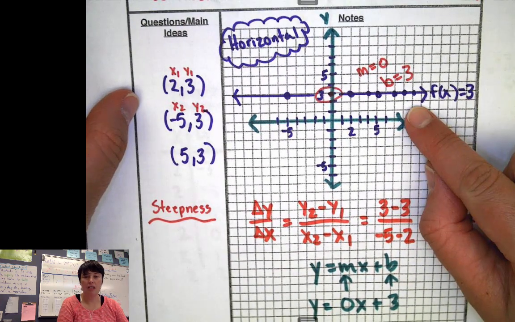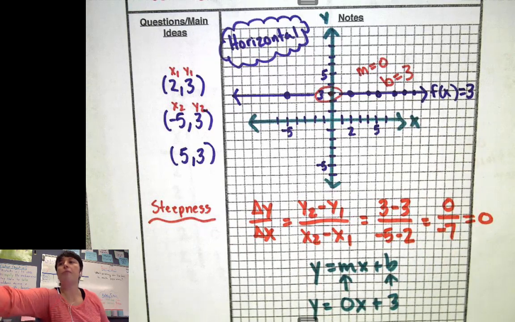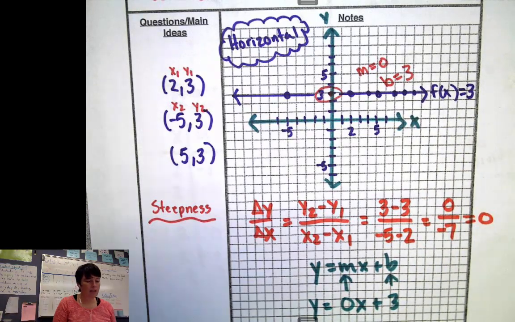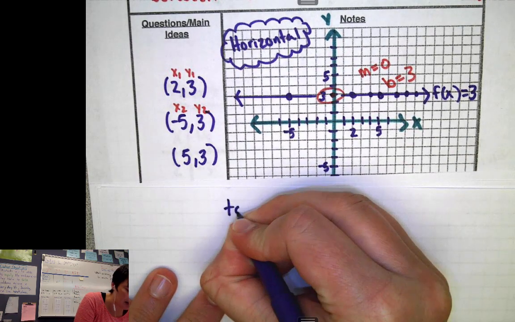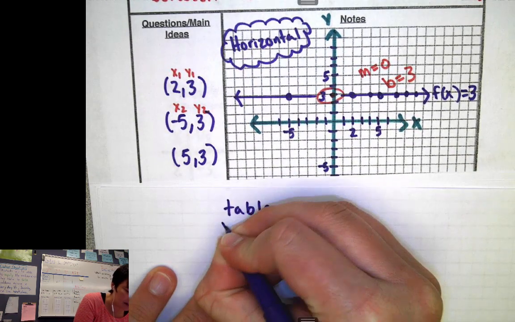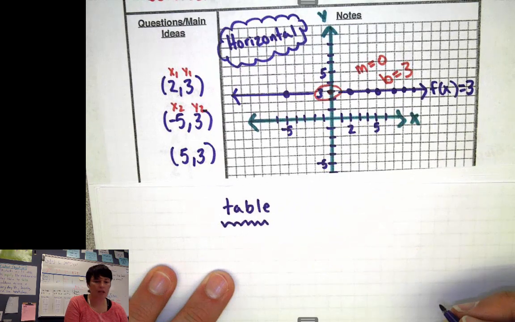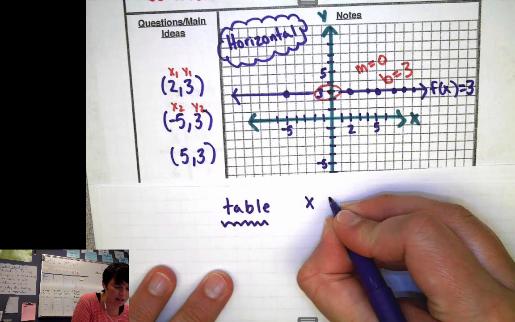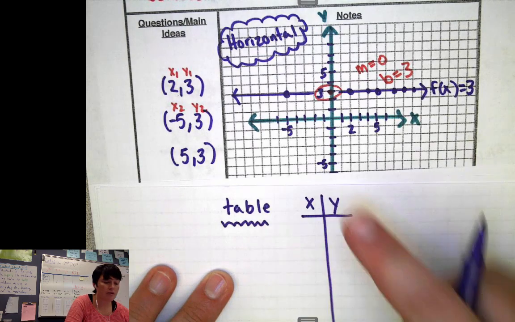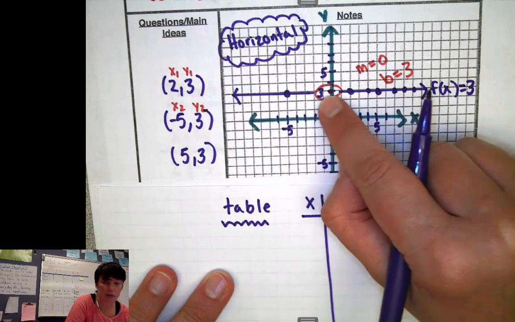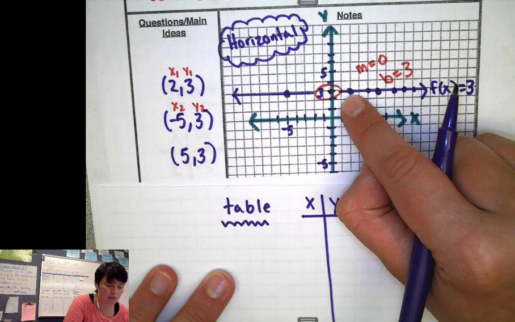Versus the first problem, what if I had said, let's make a table for this. What's the table going to look like for this one? Well, the table for this one's going to be a little bit different. Let's make a table in our notes here. So we'll write table. Find some space in your notes to make your table. Think about it. If you made an x, y table for this one, this time, all the values of the line are at y equals 3. 3, 3, 3, 3.